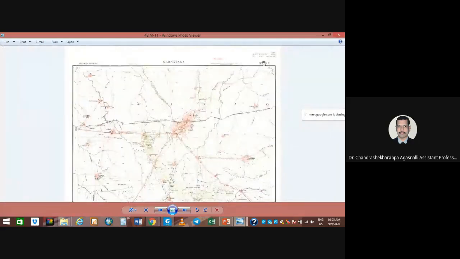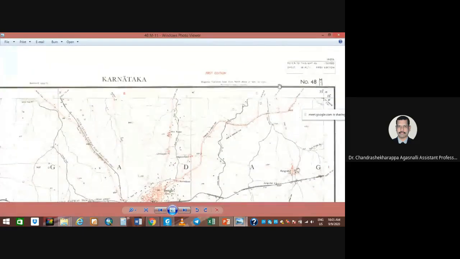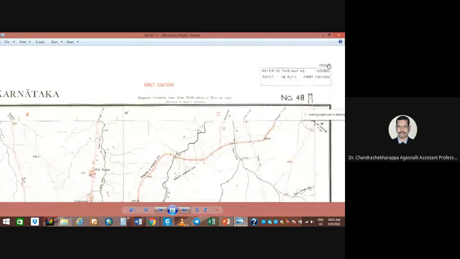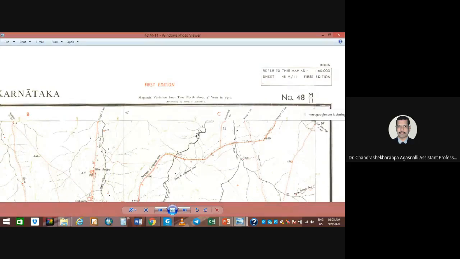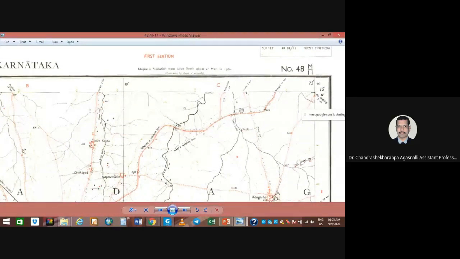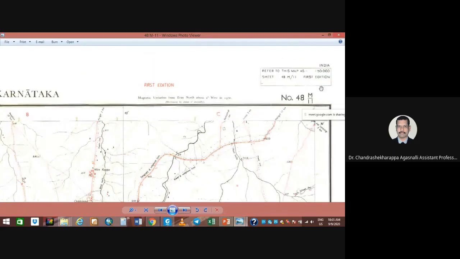Particularly, how to read the topography maps here. So at the top is the country name, and refer to this map as 1:50,000. Whatever you are looking at, the features are visible on this map. This is 1:50,000 scale.